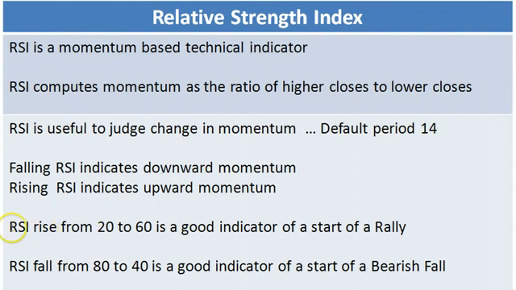And typically, when I look at the RSI chart, I look for markets to fall down, followed by RSI also falling down to something like 20, and then it needs to pull back. The RSI needs to pull back from 20 to close to 60 or above. That is a good indicator of a reversal, or the beginning stages of a rally.